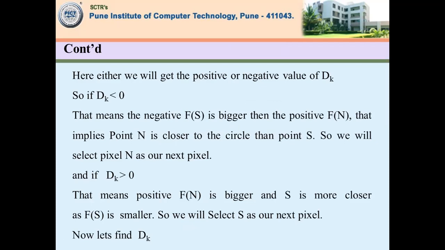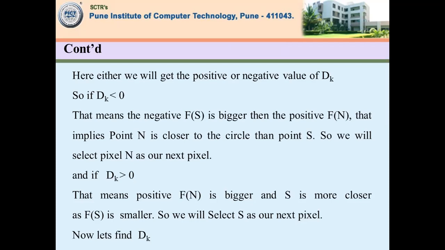So if dk is less than 0, that means the negative fs is bigger than the positive fn. That implies n is closer. So we are going to keep the y value as it is, just increment the x value, and that pixel is nothing but n. The reverse is the case when dk is greater than 0. That means the positive fn is bigger, and s is closer as fs is smaller, right? So we'll select s as our next pixel.